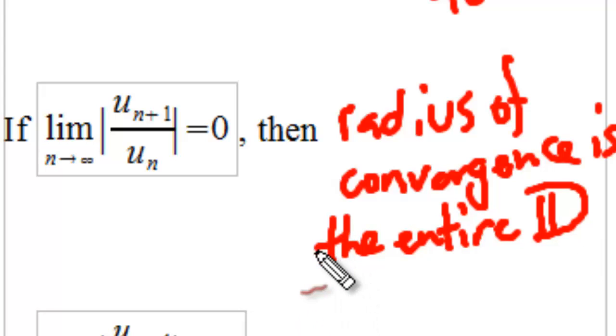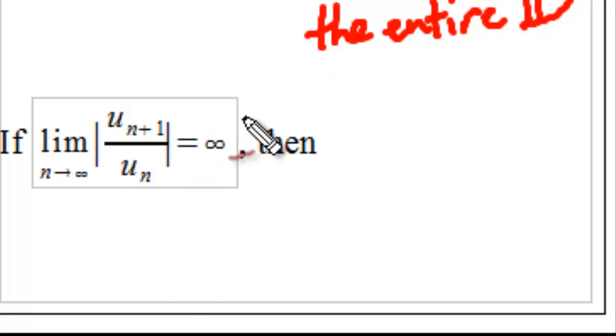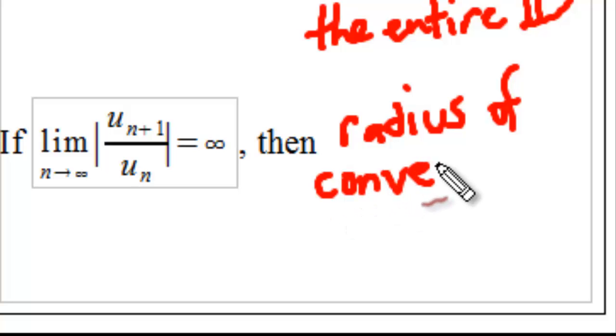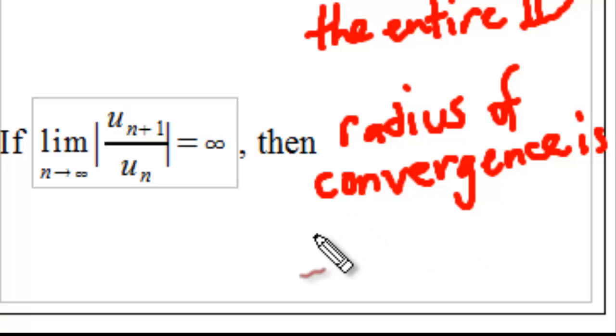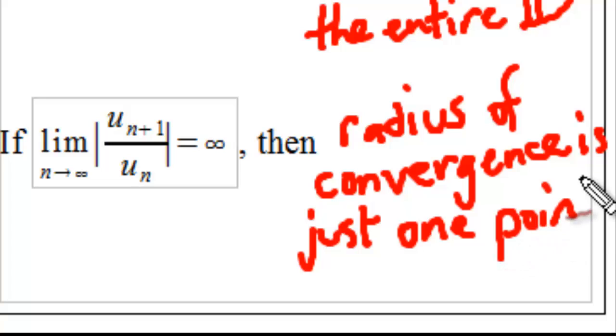Another wacky conclusion that we can reach when we do the limit of the ratio is that it might equal infinity. If it does equal infinity, then the radius of convergence is actually the easiest thing we can possibly think of. It's just 1 point. And when I say that the radius of convergence is just 1 point, it should be fairly obvious exactly where that point is.